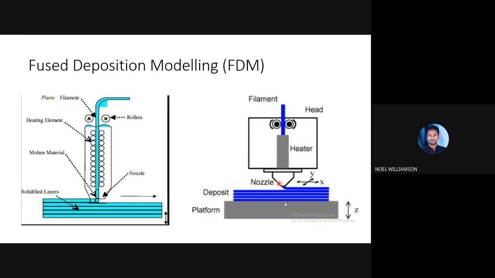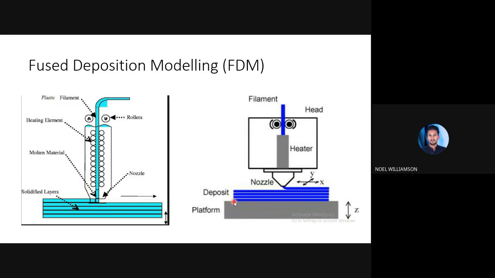This will be stationary, and the platform will move down. Initially the platform is in this particular position. After drawing the first layer, it will move downwards by one layer distance.